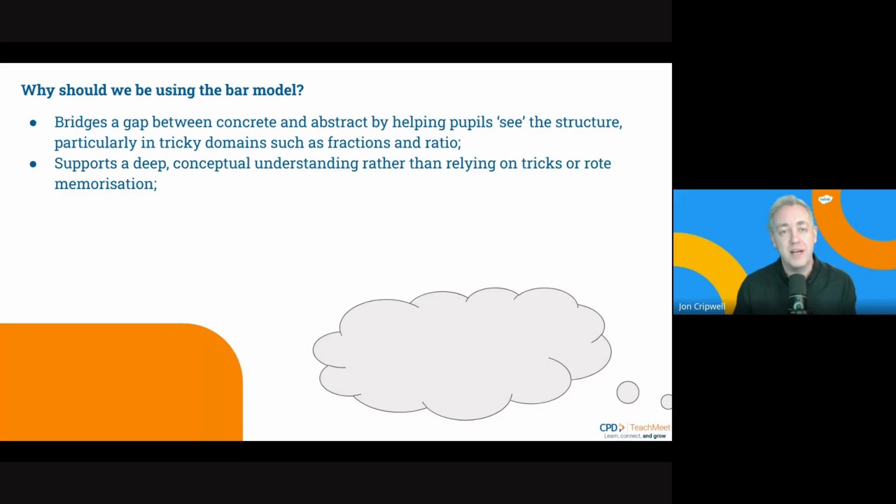And when we talk about conceptual understanding, we're talking about really understanding the structure of the maths that's happening underneath the problem. So, what's really happening when we multiply one fraction by another fraction.